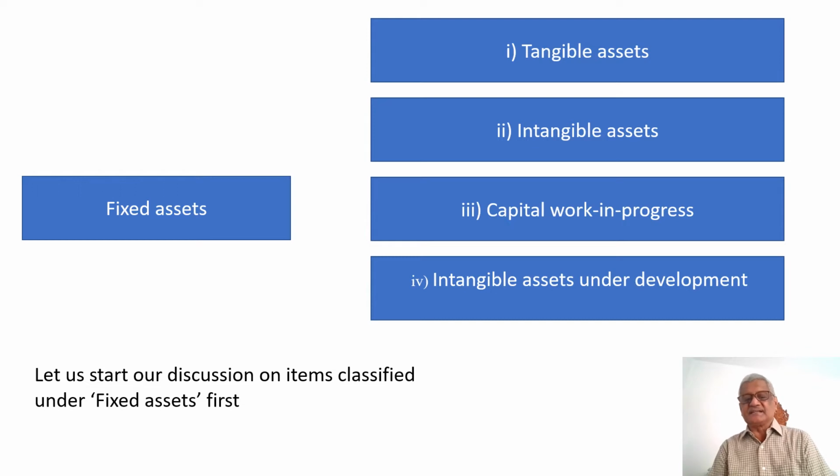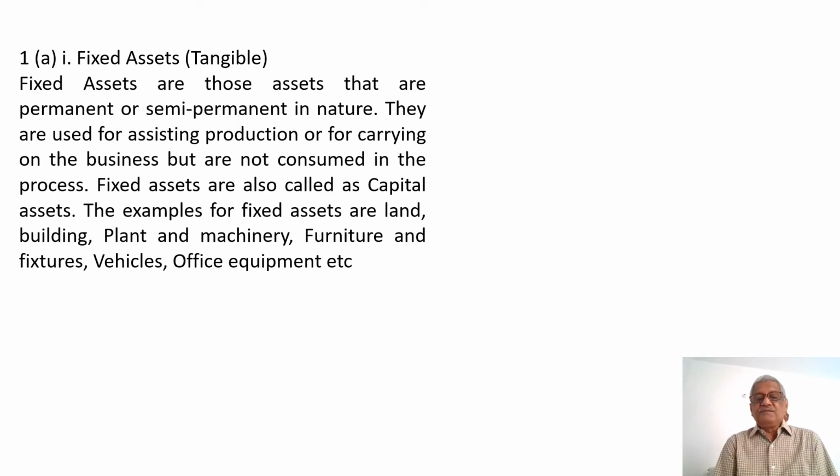Let us now start our discussion on fixed assets first. Fixed assets, tangible assets, is the first one which we are going to understand. Tangible means anything which we can feel and touch.